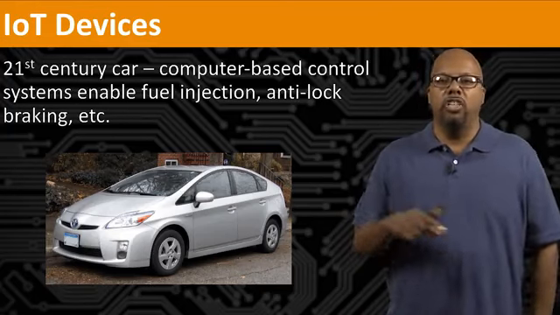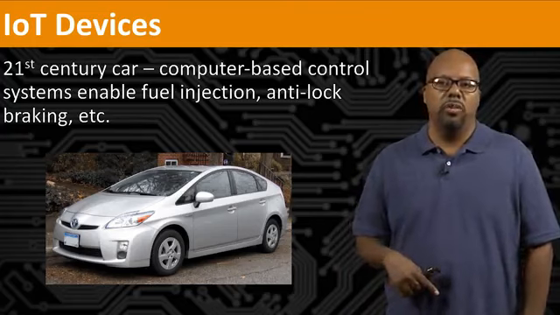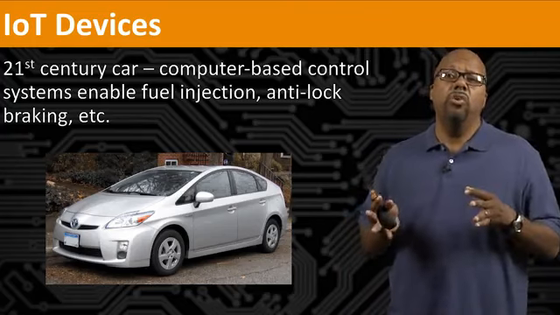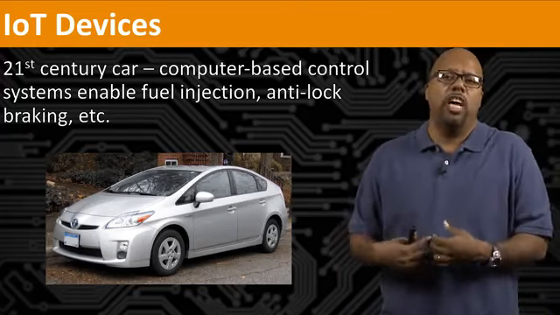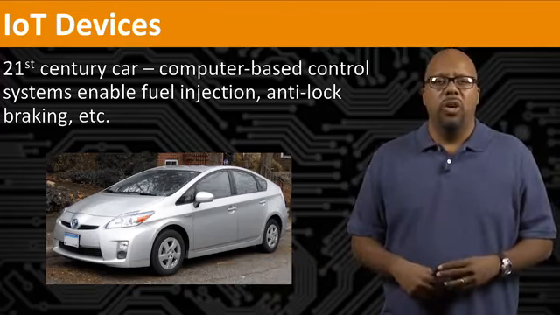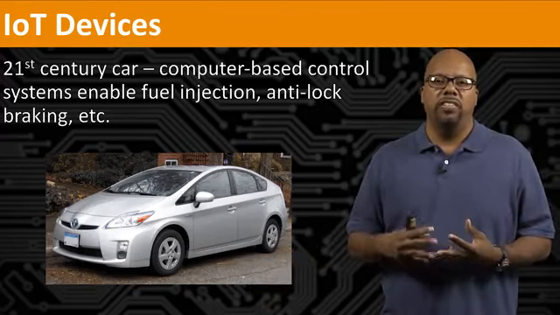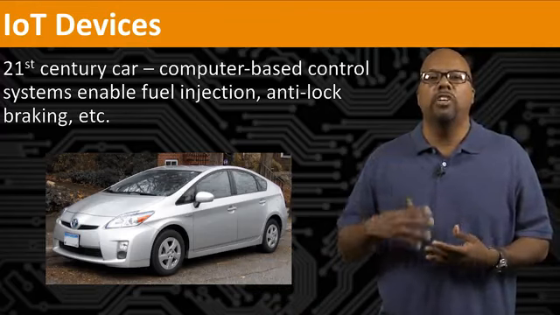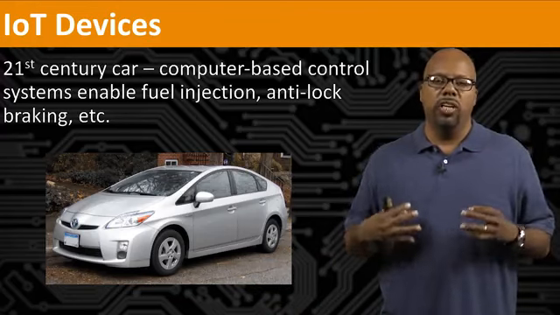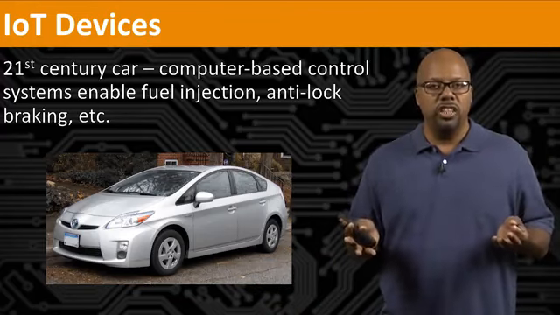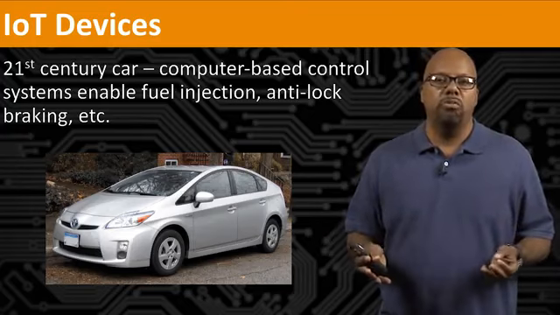So you could train somebody to drive on the 50s car and they could drive this new car, even though this new car is enhanced with all this computational intelligence. So that's the thing about IoT devices. They have a very simple interface. They want to be easy to use. They want to give you the benefit of this computational intelligence. So now you have anti-lock braking, for instance.